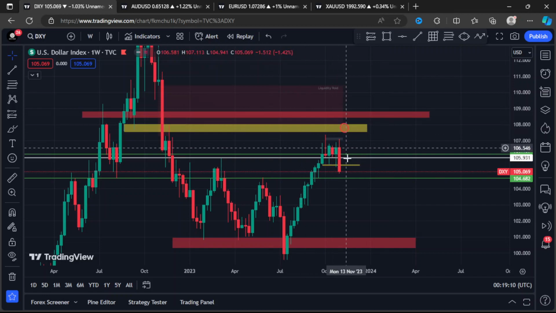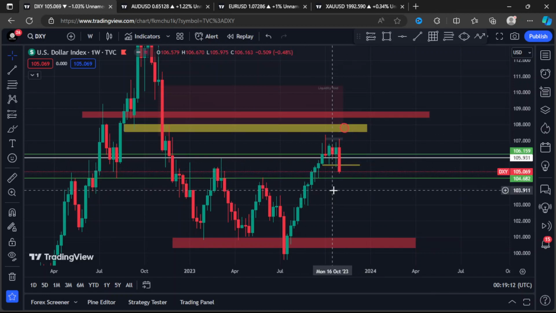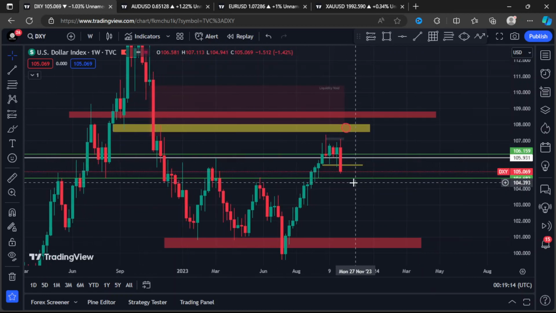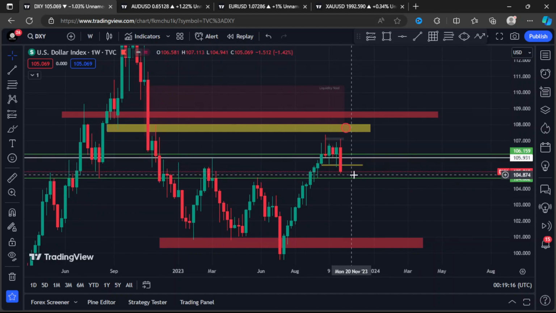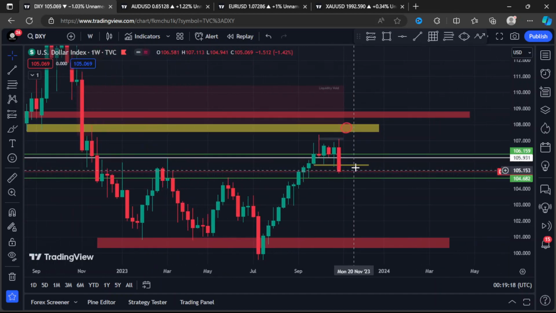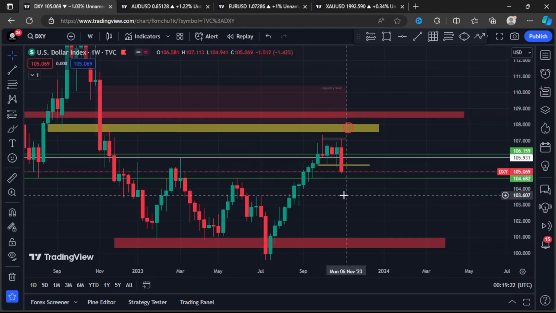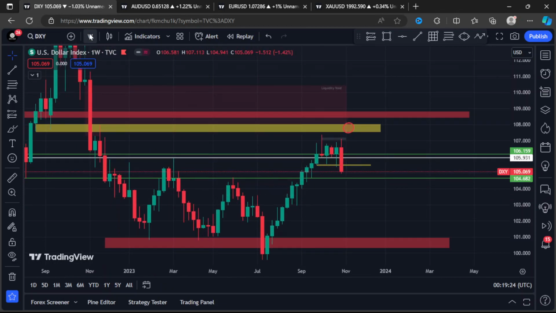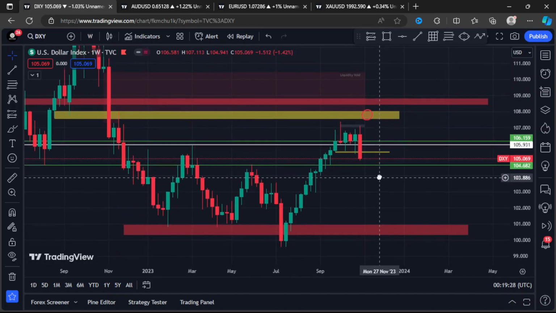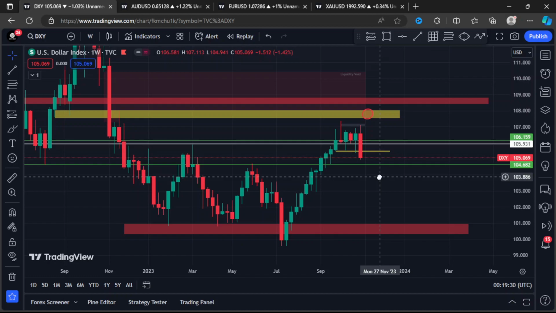It was due to this strong down push, which even broke our weekly minor support that is on the yellow line you see here. So this is what we find for DXY. So moving up, we can see that DXY next week is still going to be a very strong selling, bearish week.